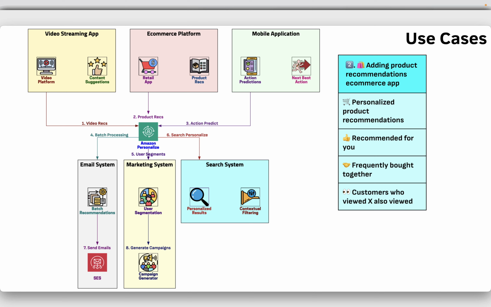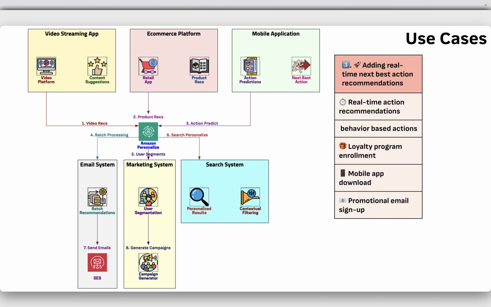So you can use pre-configured or customizable Amazon Personalize resources to add multiple types of personalized product recommendations to your retail app. For example, recommended for you, frequently bought together items, and customers who viewed this item also viewed the other product recommendations.